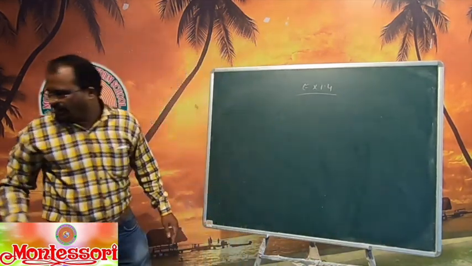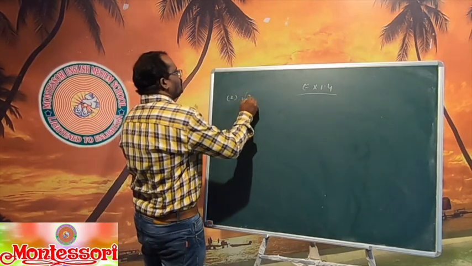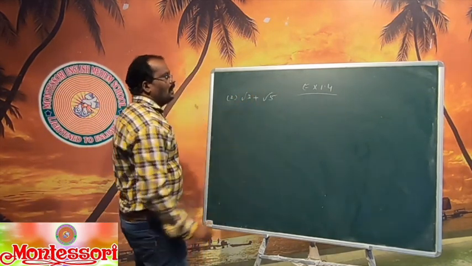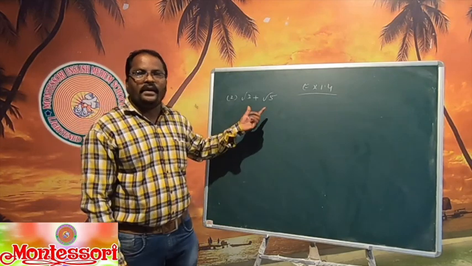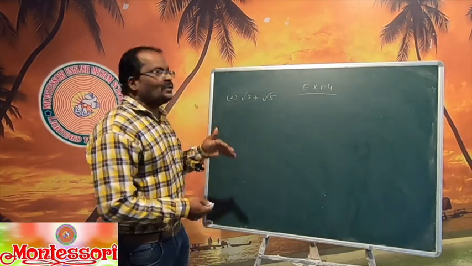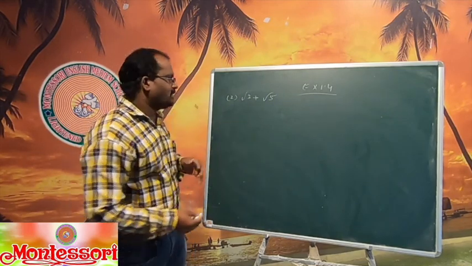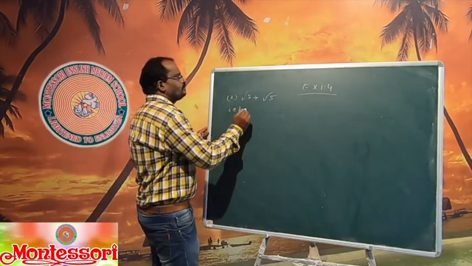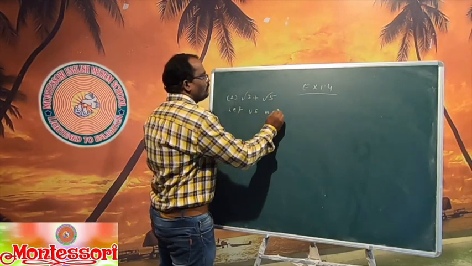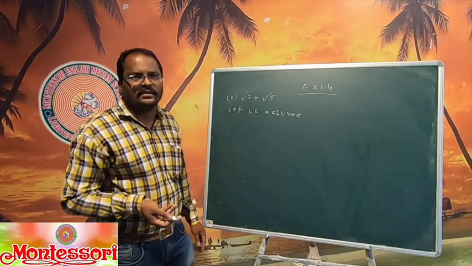Now write one more question. Next question here is given. One more question, second question. Root 3 plus root 5. Here observe, what happened? Both are inside of the root. So first let us assume. Assume means you thought, otherwise you think.